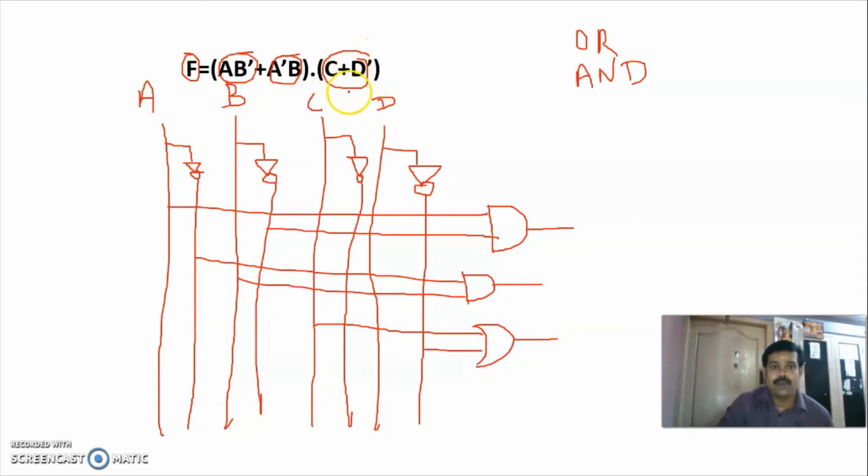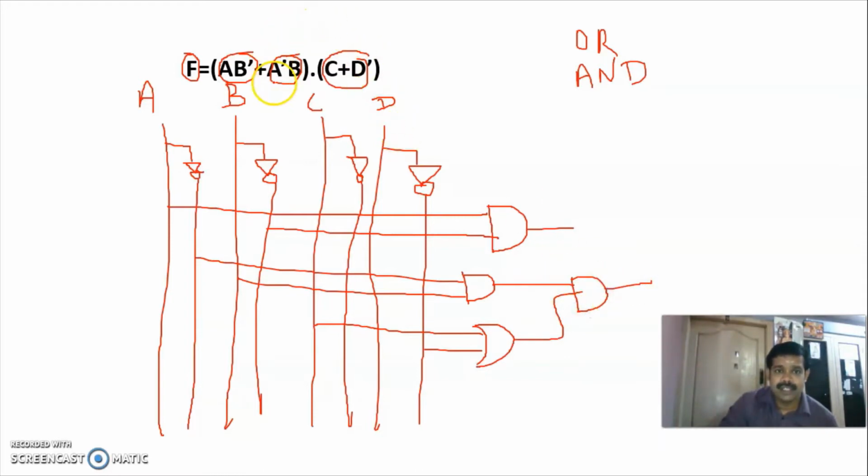Now the output of this OR gate and the output of this AND gate A bar B, that is another product. So we have to give these two outputs to an AND gate.